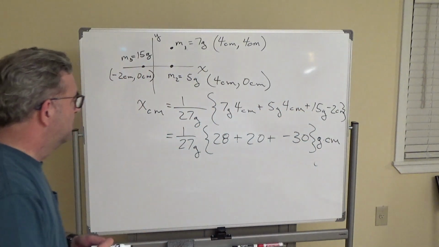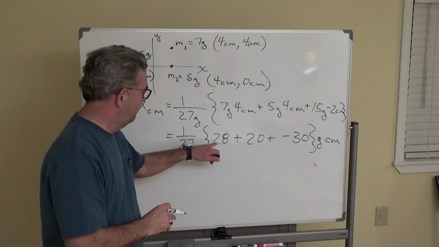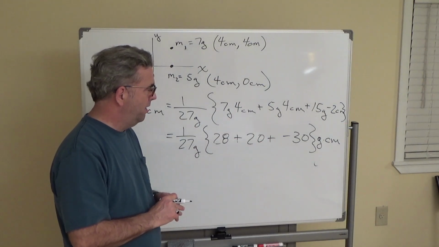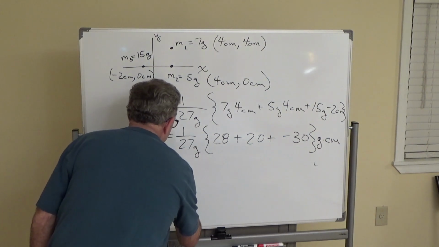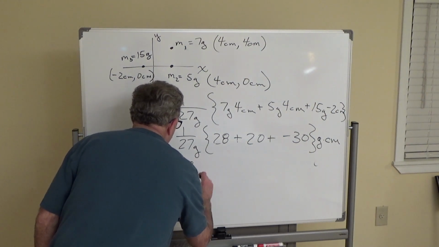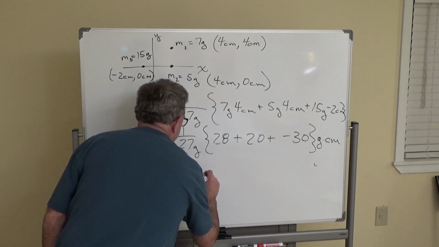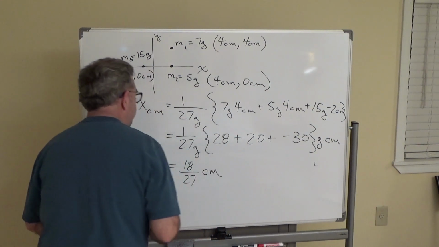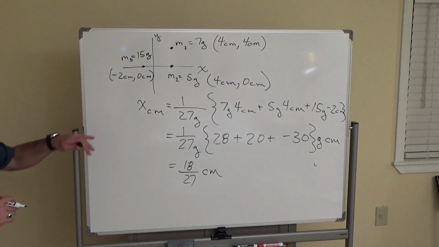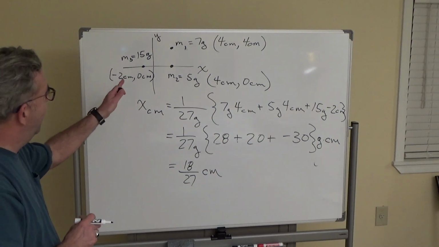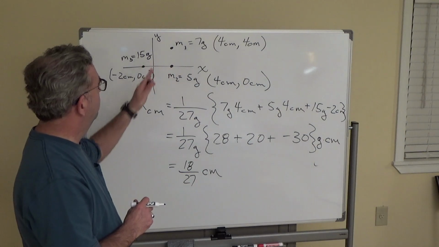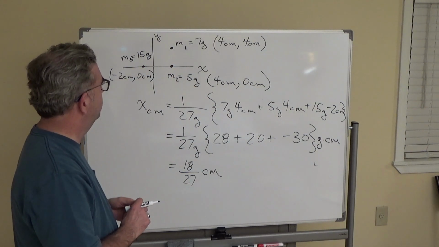That's 48 minus 30, that's 18. So this is equal to 18 over 27 centimeters. So that's the X position of the center of mass along the X direction.